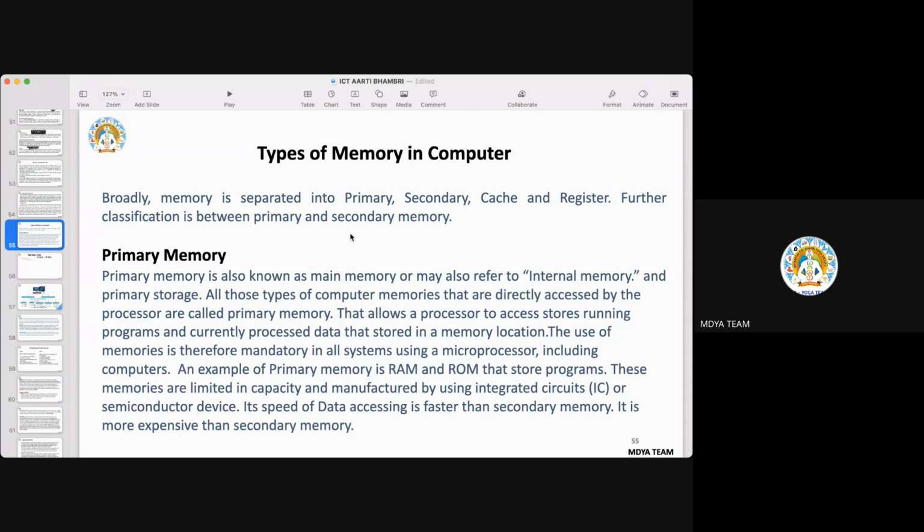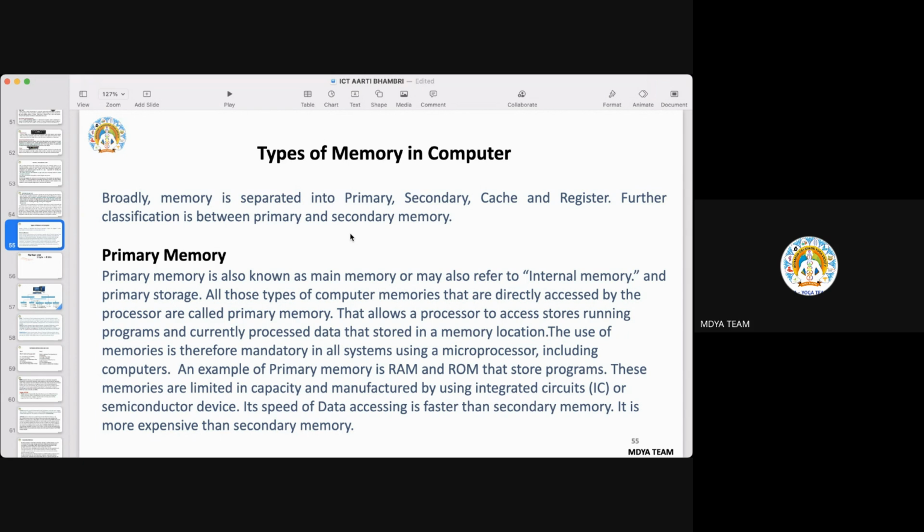So we have seen there are two types, RAM and ROM, that store the programs which are already there for the functioning of the computer, inbuilt within the computer system, or we can say within the CPU. Now these memories have some capacity, and are manufactured using ICs or integrated circuits.